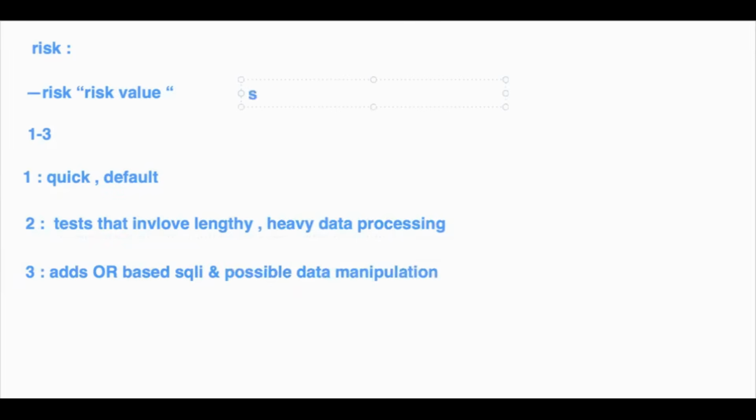So now your query will be sqlmap -u and your URL, and then --dbs --level 5 and --risk 3. So now this is your command.